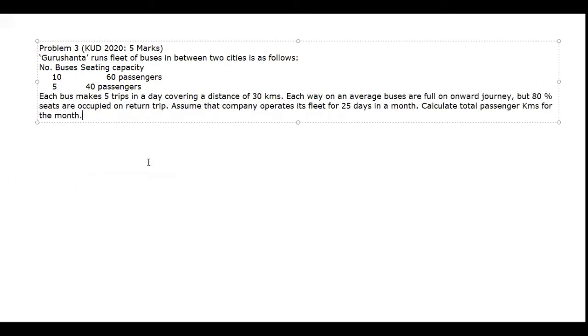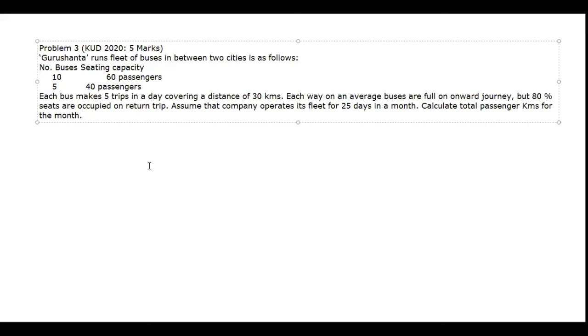Let us read out the problem. Guru Shanta runs a fleet of buses between two cities as follows. Again, number of buses, they have given 10 buses and 5 buses. Seating capacity is 60 passengers and 40 passengers. Each bus makes 5 trips in a day covering a distance of 30 kilometers each way.